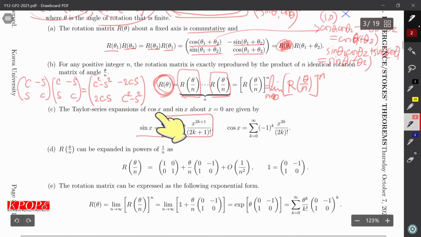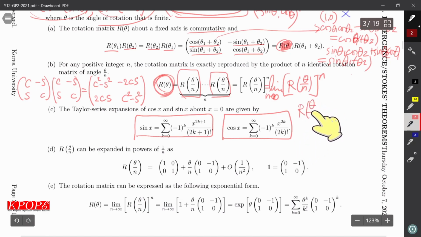We already know the Taylor series expansions of sine and cosine are given in this way. We can express R theta over n as cosine theta over n, minus sine theta over n, sine theta over n, cosine theta over n.